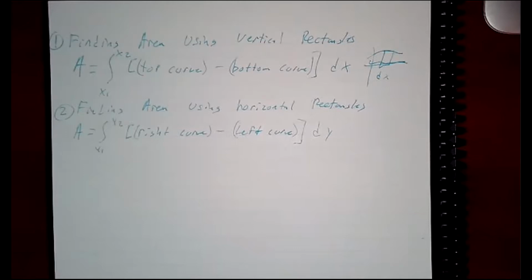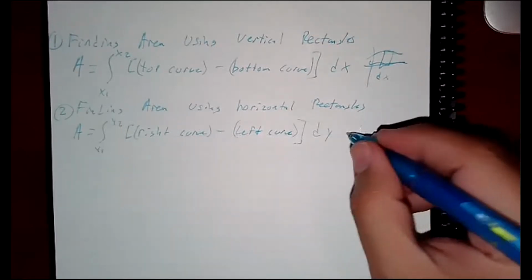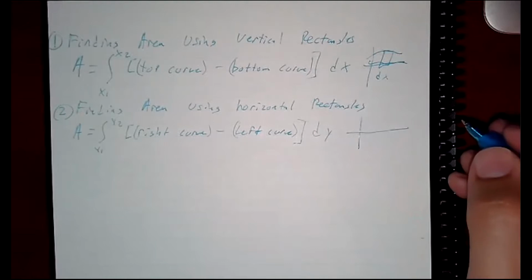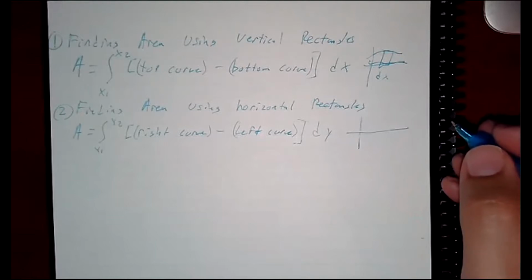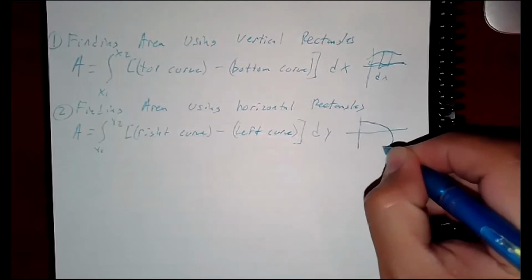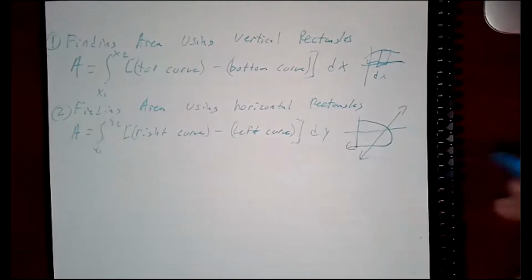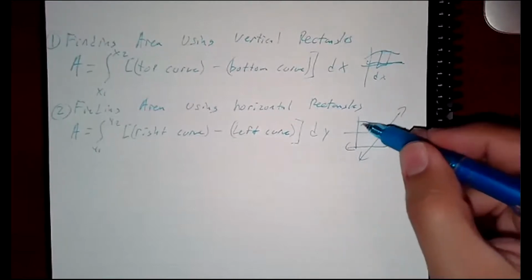Okay. Let's see a good example here. This picture would be something like this. So you have a graph doing this kind of thing. Then you have another graph doing this. And I wanted to find this region.